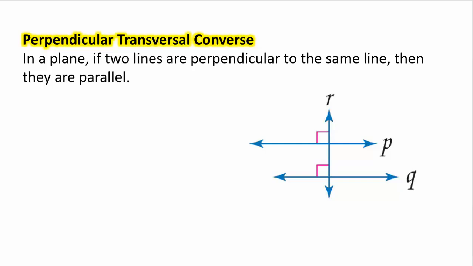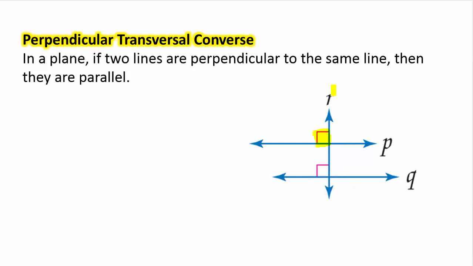Lastly, we have something called the perpendicular transversal converse. It says that in a plane, if two lines are perpendicular to the same line, then they are parallel. Let's take a look at this. Line P is perpendicular to line R because we have the right angle right there, which is 90 degrees.